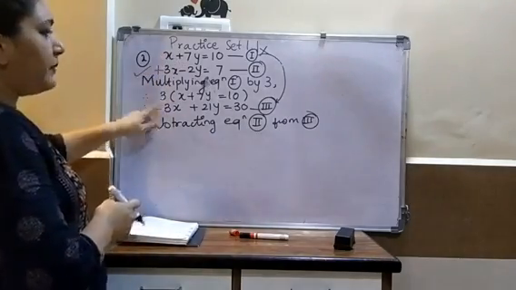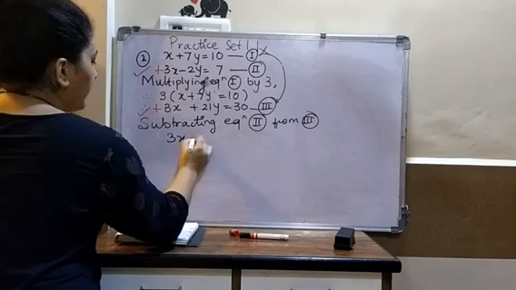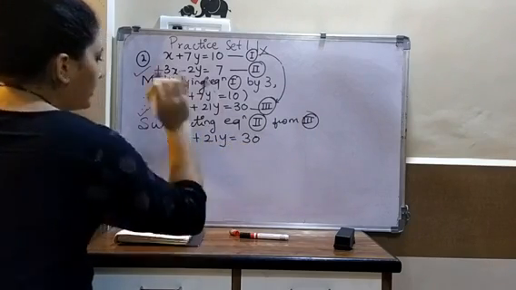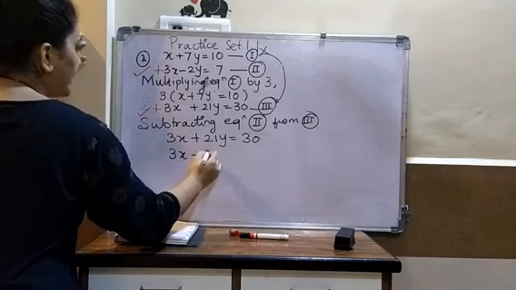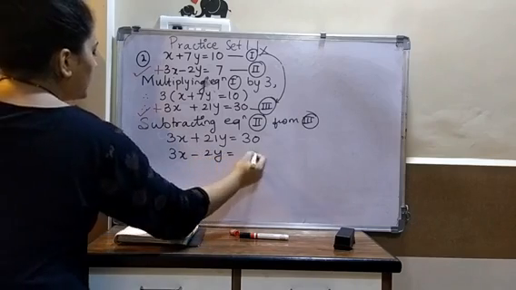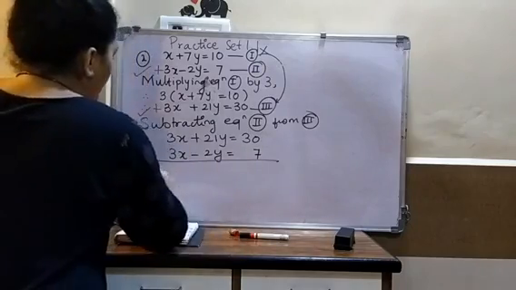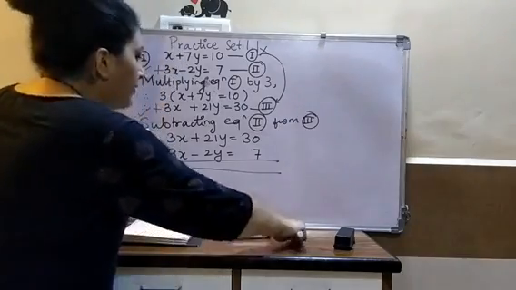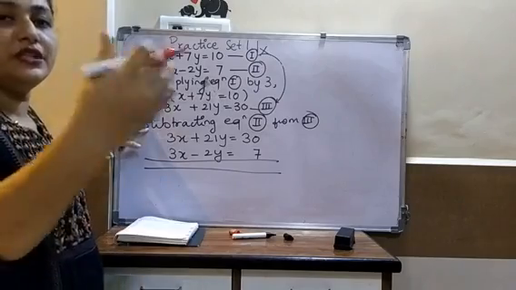So what I will do? In 3 I will write first, the one which is bigger comes first. So that is 3x plus 21y is equals to 30. Okay, that I have written. Then another equation, 3x minus 2y is equals to 7. Now since we have done subtraction, subtraction means the sign of the second equation changes.